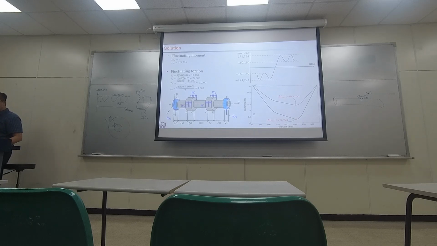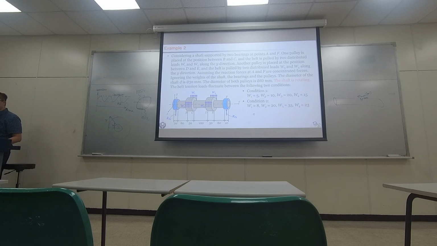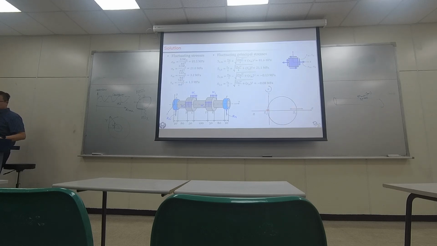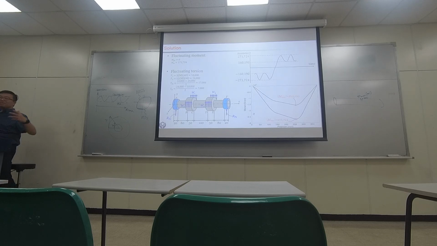Remember from the first problem, when we talked about the moment, there are two extreme cases. They're both negative. If negative represents compression, that means somewhere inside the shaft, if it rotates to the opposite side by 180 degrees, the stress is going to become tensile. So the load condition could be something like this.